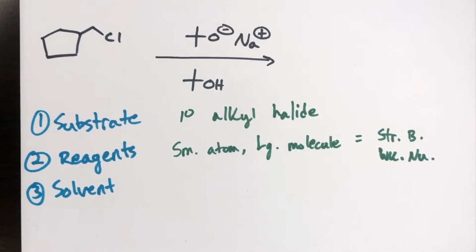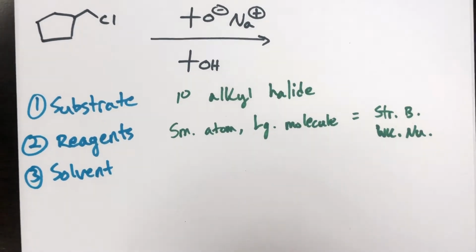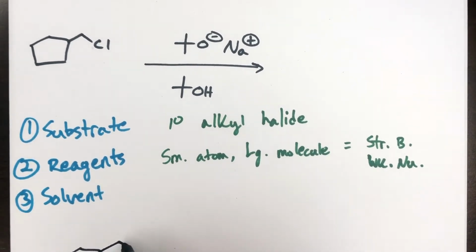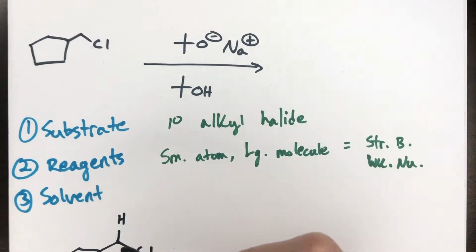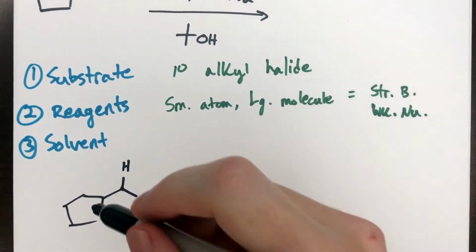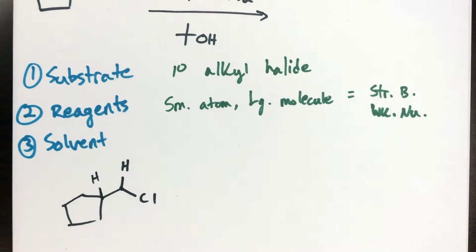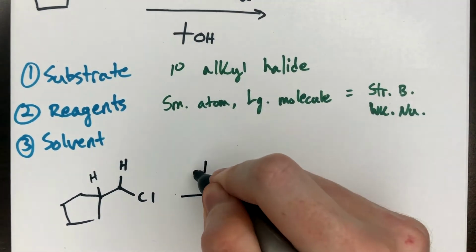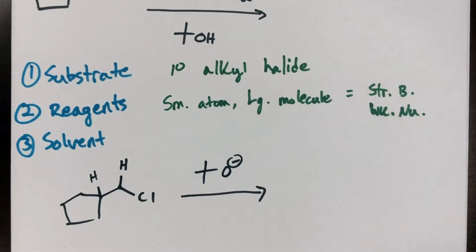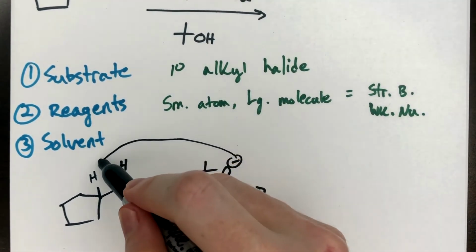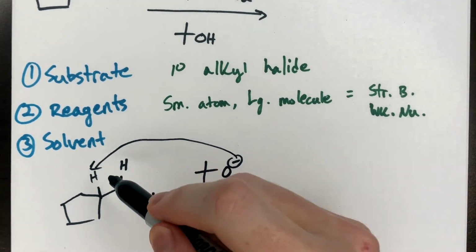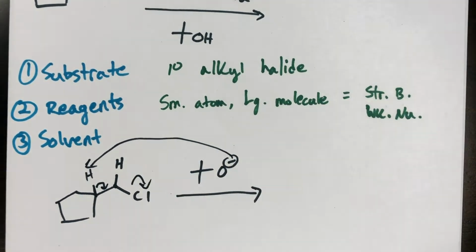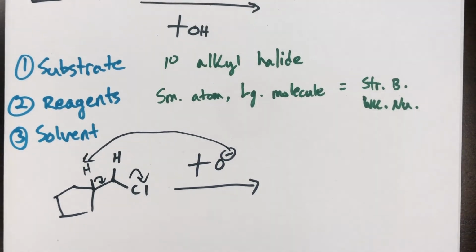Okay, so let's take a look at how we would draw this mechanistically, just to put some other ideas together as well while we're at it. So here is the beta hydrogen, down here. What's going to happen is this functions as a base. This will remove the beta hydrogen, and when that happens, it will form the alkene simultaneously, and then the chlorine will leave, and you will get the alkene product.